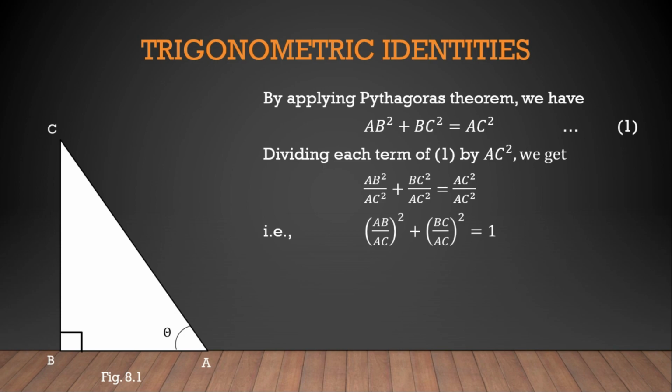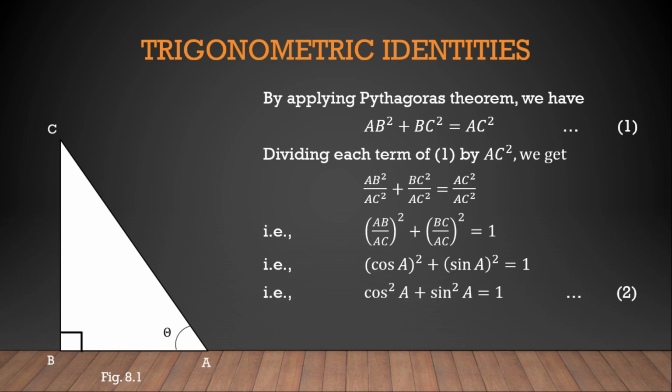Now if you see here carefully, you will observe that AB by AC is base by hypotenuse, that is cos A, and BC by AC is perpendicular by hypotenuse, that is sin A. Therefore, we have cos A whole square plus sin A whole square is equal to 1, that is cos square A plus sin square A is equal to 1. Let it be equation 2.